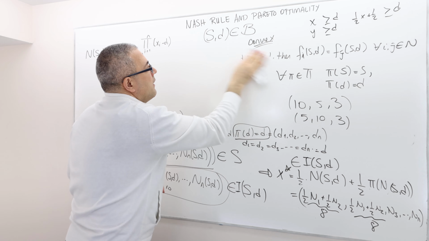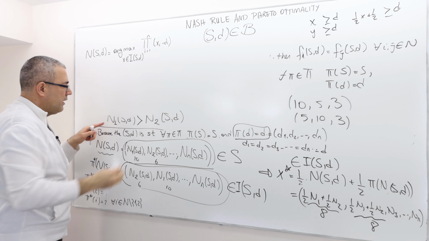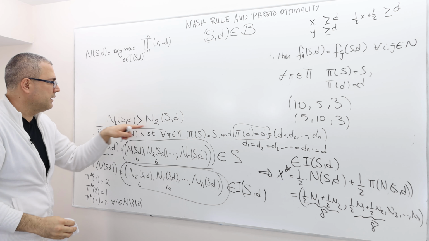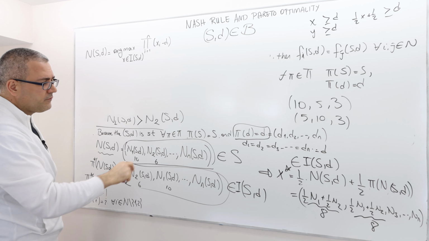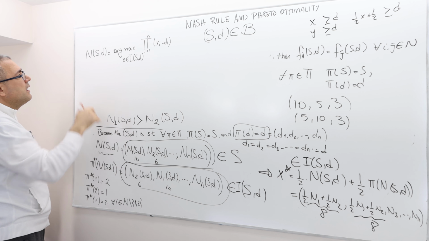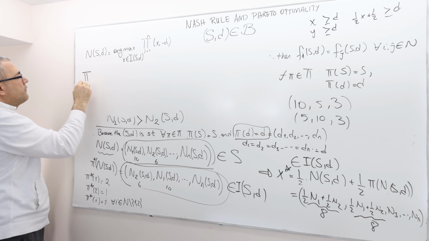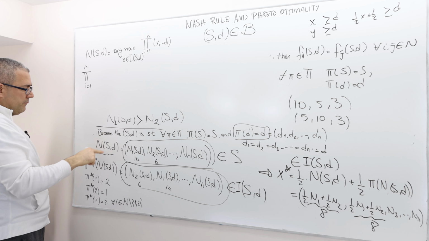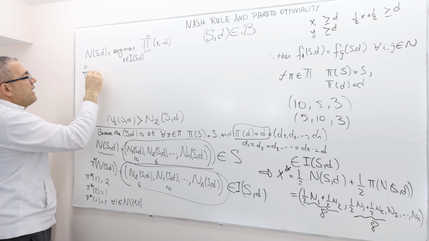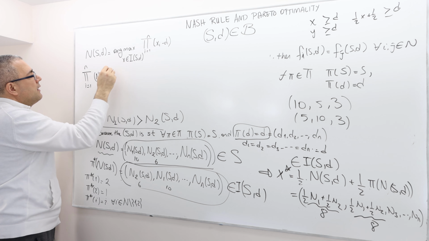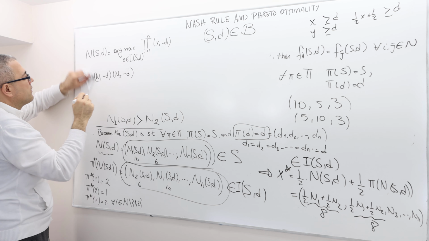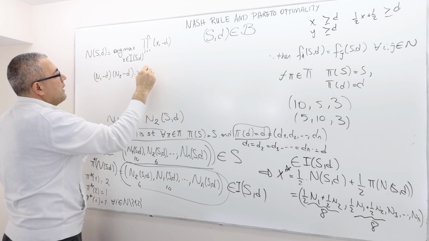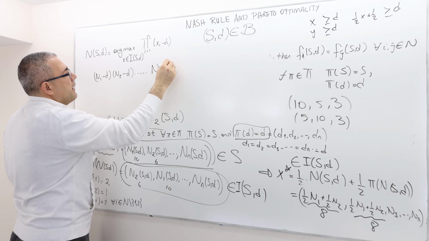And by the way, all of that is because n1 and n2 are assumed to be different. So how am I going to show that? Well, I am multiplying this, i from 1 to n, n1 minus d, n2 minus d, well, let's ignore this, times nn minus d.